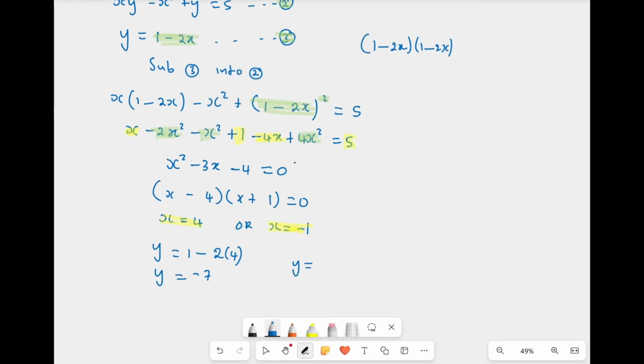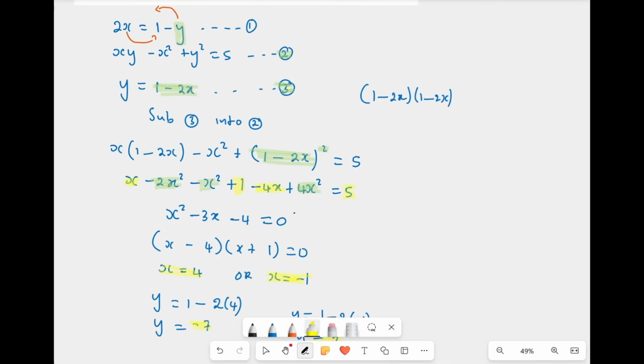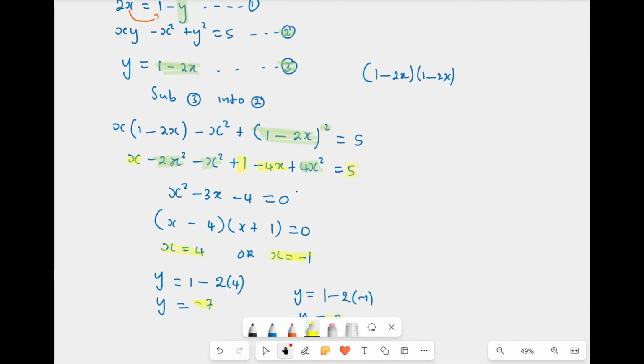Or y is equal to 1 minus 2 multiplied by negative 1. This will be y is equal to 3. So now I have solved for x and y simultaneously. So I am done with 1.2.